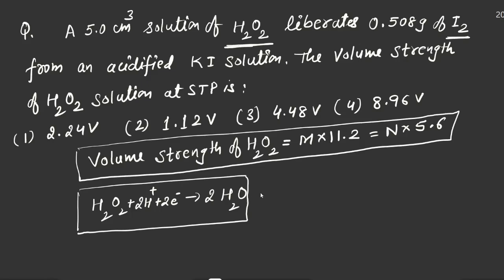Okay? If medium is acidic, then it will give, okay, it is acidified KI. So we will use this equation. But is it acidic or basic? Here it doesn't matter, because we need n factor. So we know that obviously if I negative is oxidized, H2O2 should be reduced. So from -1 it is changing into -2.